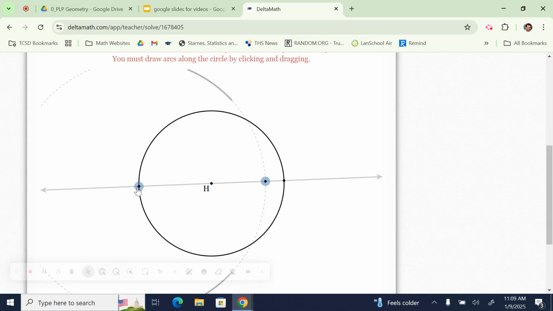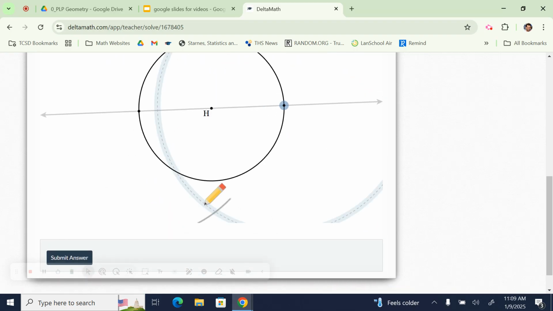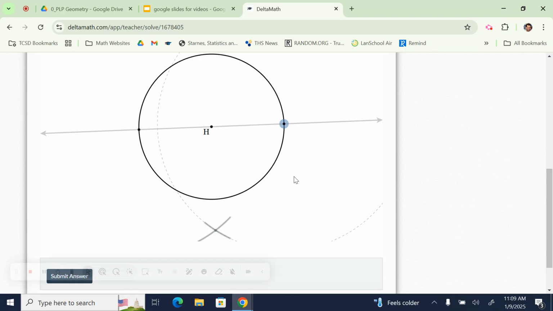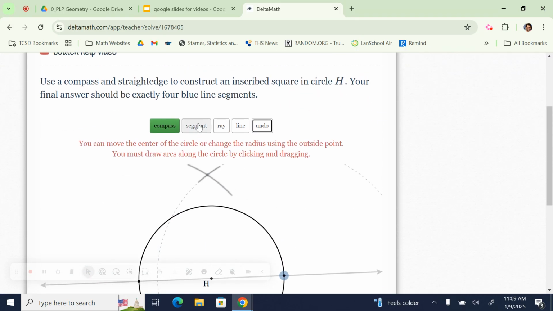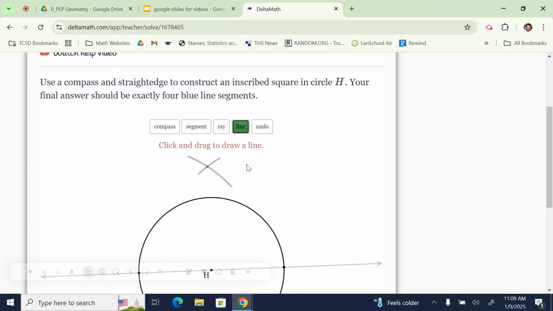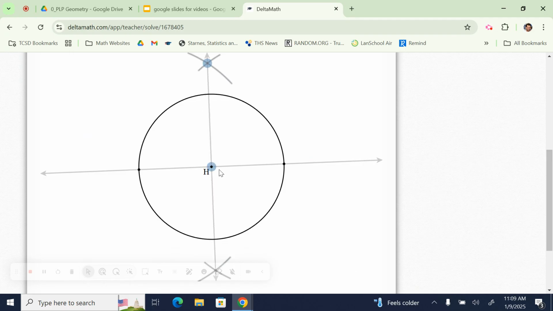And then I'm going to take the center and move it to the other endpoint and draw a second set of arcs here and here. Okay. Once I have those 2 arcs intersecting, I can then take the line tool and connect them. It should also go through H if you do it correctly. Oh, hold on.